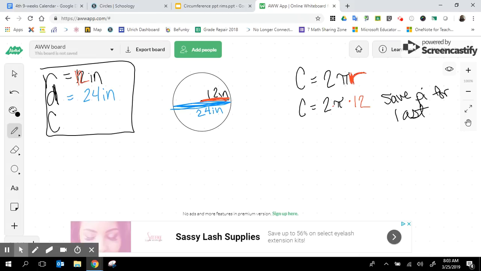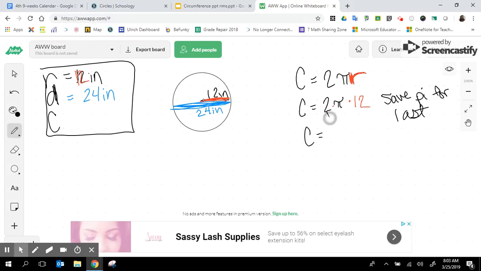Sweet potato pie. But for some reason, that counts as a vegetable, even though it's got marshmallows on top. I don't know. But your apple pie, your pecan pie, your pumpkin pie, all that's got to go last. So we're going to save our pi for last, meaning we're going to do the 2 and the 12 and save that pi for last.